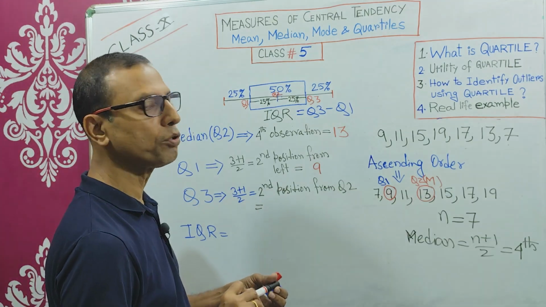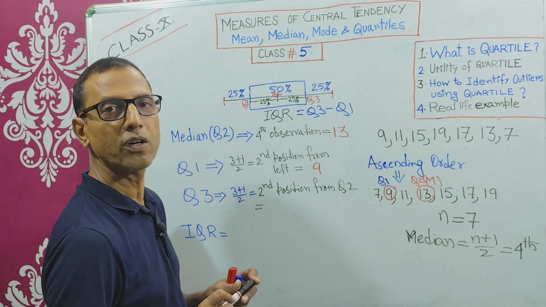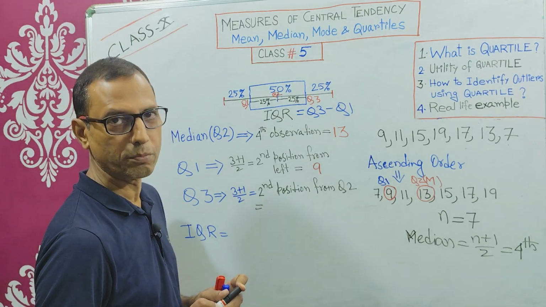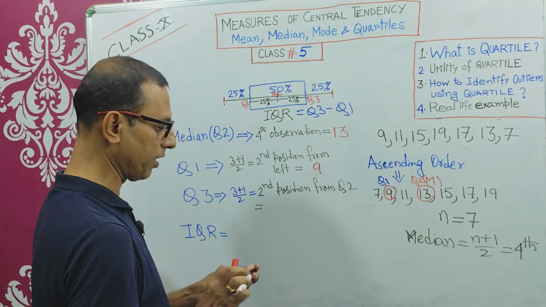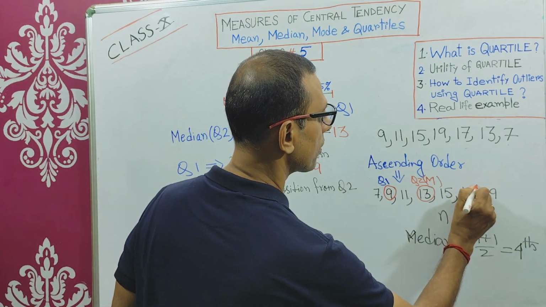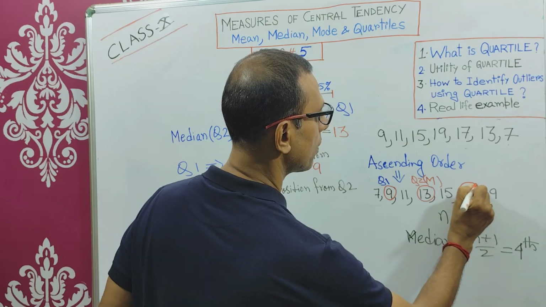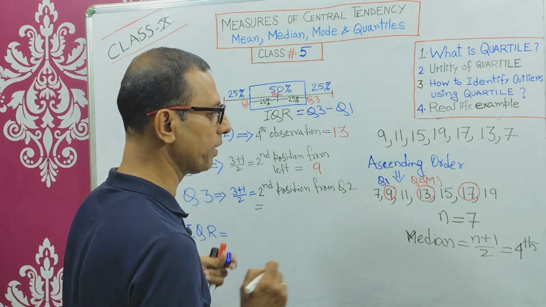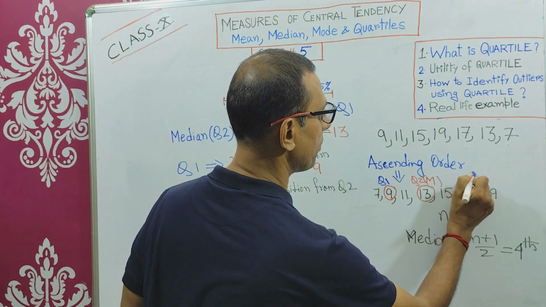Then you need to determine the number of observations you are left with at the left side and right side of the median. So 17 is the Q3, the second position from Q2. Understand the concept, and automatically you will be able to solve any problem.